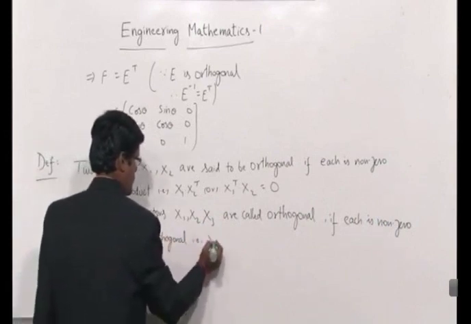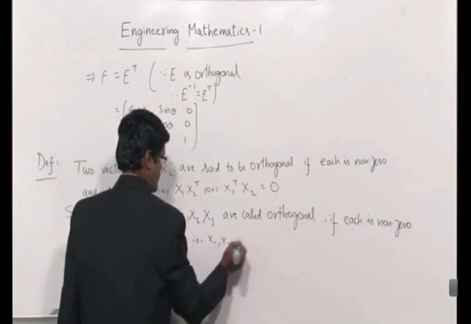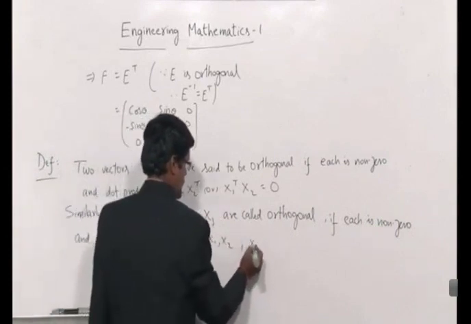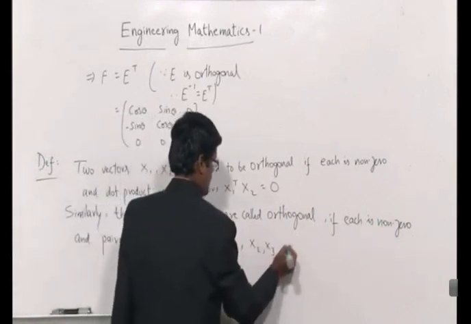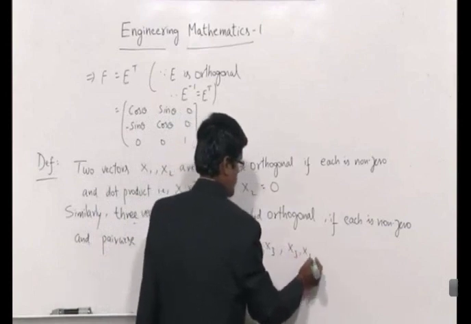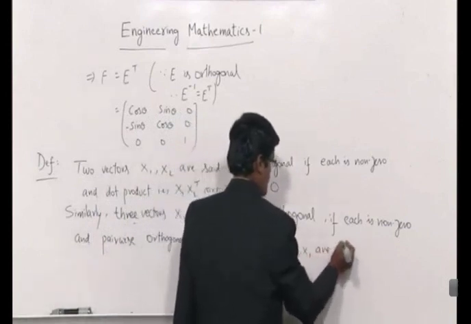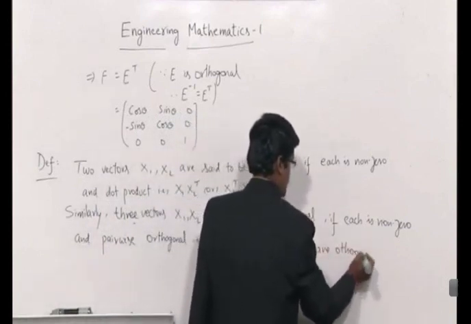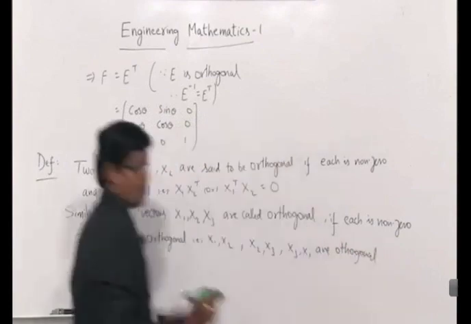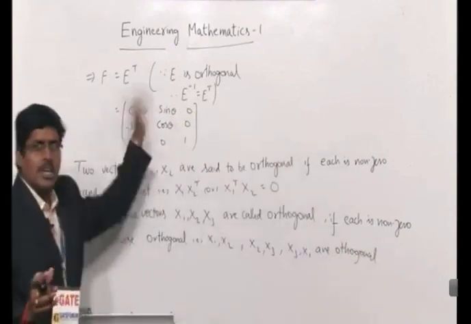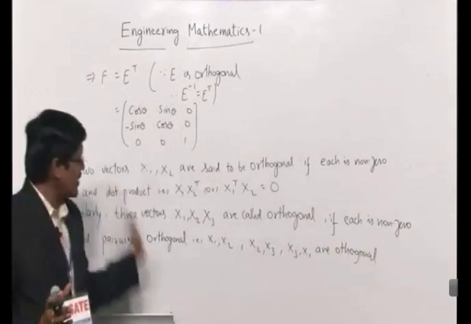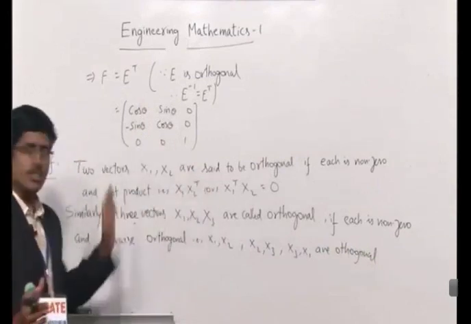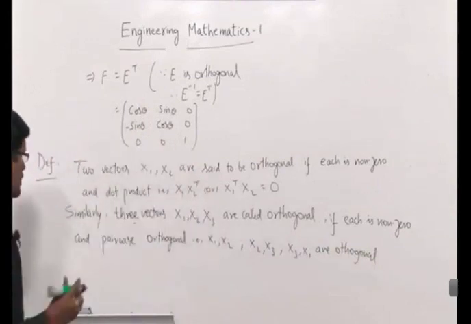That is, x1 comma x2, x2 comma x3, x3 comma x1 are orthogonal. That means, taking two at a time, columns or rows, they satisfy dot product equal to 0 as above and each is non-zero. That is what we call three orthogonal vectors.